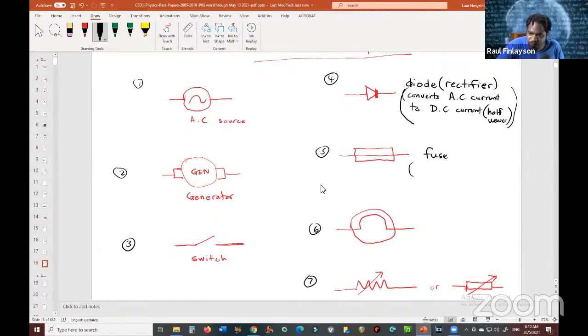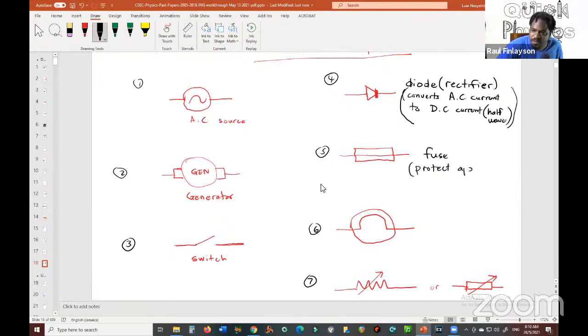Those protect devices. So it protects other devices from high current, basically.